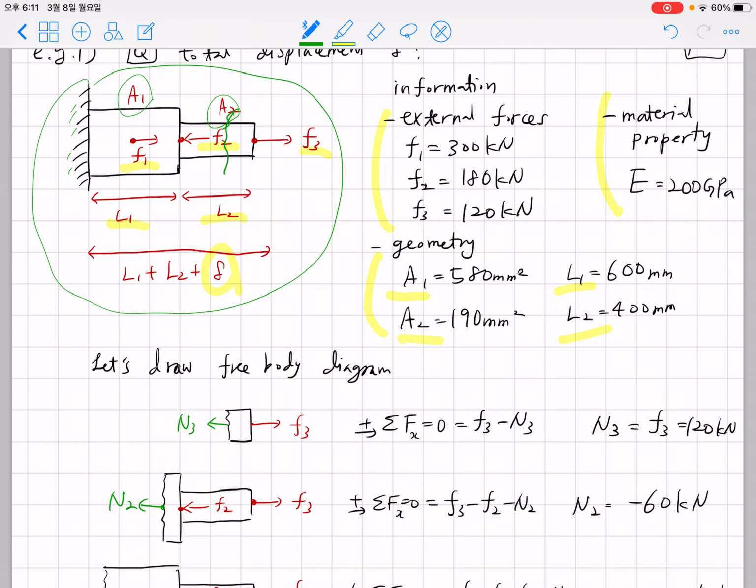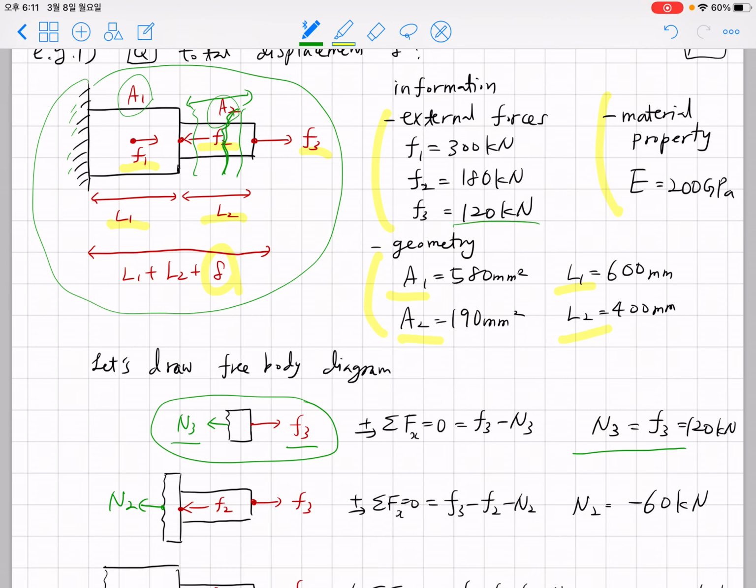Whether you make the imaginary cut here or there, if it remains within this range, you can draw a free body diagram like this. F3 is the external force, and N3 is the reaction at this imaginary cut. To make mechanical equilibrium, N3 must be F3, and F3 is given as 120 kilonewton, as I told you in previous lectures.